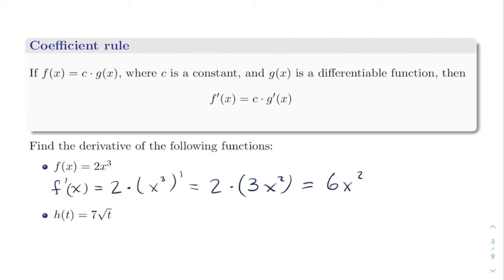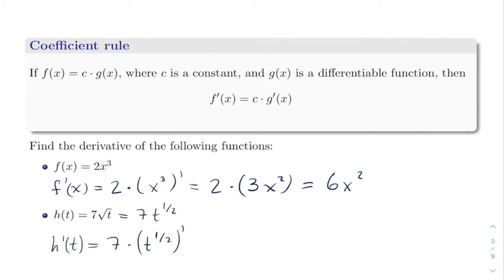For the second example, we have to remember that the square root of t is equivalent to t to the 1/2. So our function can be written also as 7 times t to the 1/2. So now the derivative of this will be equal to 7 times the derivative of t to the 1/2.